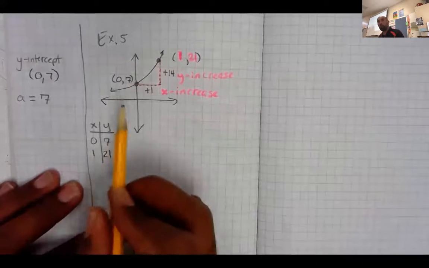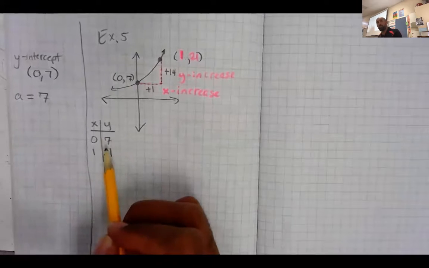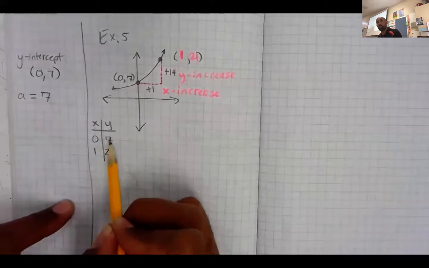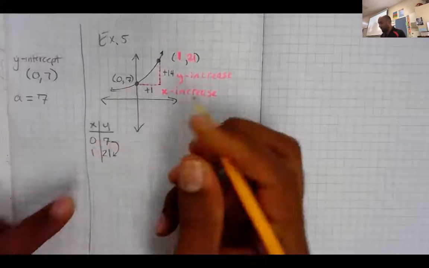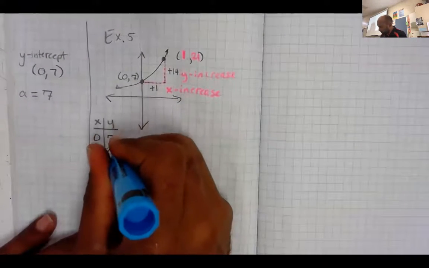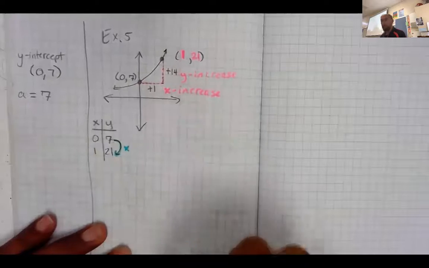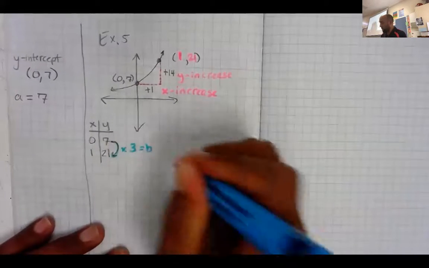Now, we're going from this point to this point. Again, if you remember table to equation, anywhere you see x equals 0, that was your a. And then we're figuring out, what do I multiply? Because that's the key thing here, you're multiplying. What do I multiply to get from 7 to 21? Well, I would multiply by 3, which is my b value.